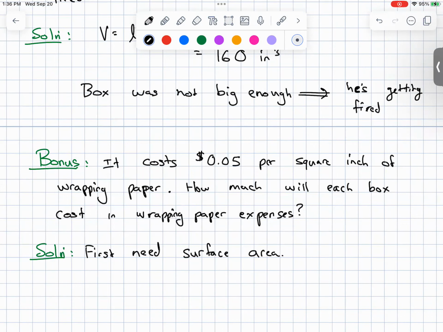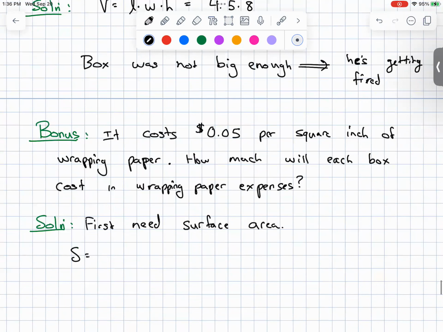If we don't know how many square inches of surface we have, then we won't be able to solve this problem. So we need to find the surface area of the box.